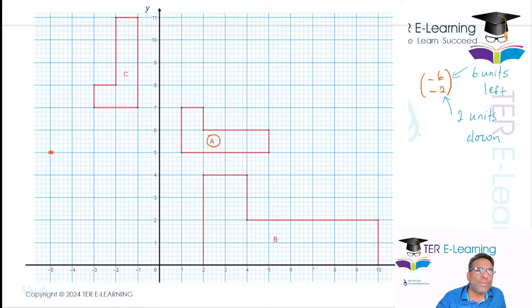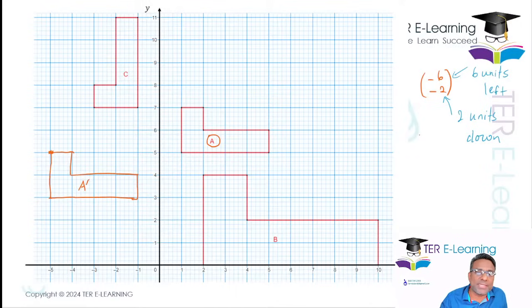Now you don't need to do that for every single point, right? Since you know what that point is, you can go ahead and draw what the shape is going to look like. Now, I'm drawing it freehand here, but you can use a ruler to do this. So this here represents my translated shape, and they said to label this A prime.